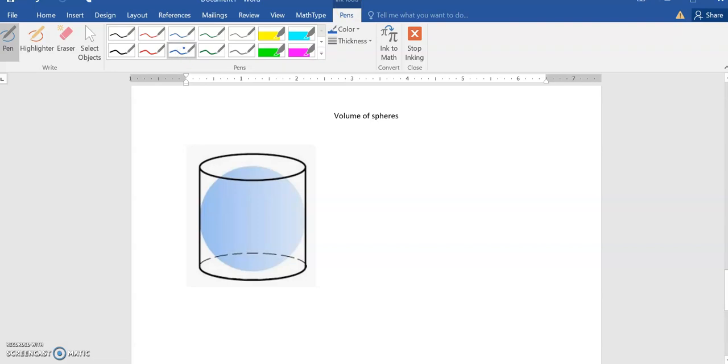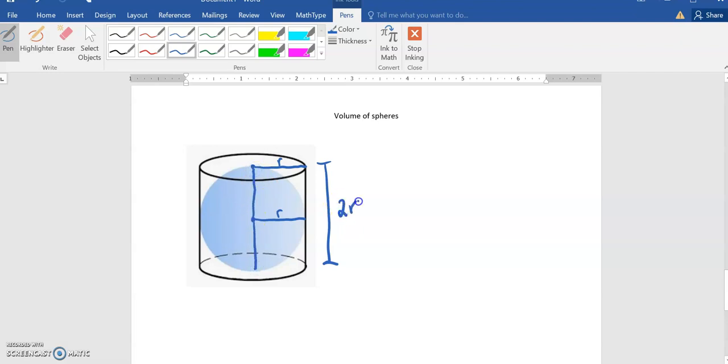And what we're looking at here is that the radius of your sphere is going to be r. So that means it's also going to be the radius of your base of your cylinder. And therefore, the height of your cylinder is going to be 2 of those radii.